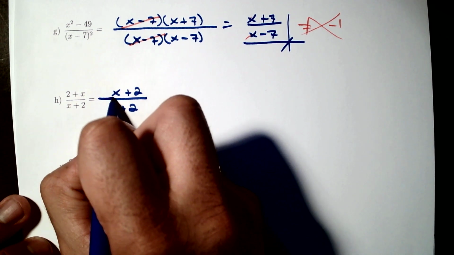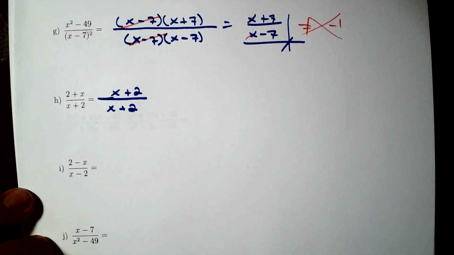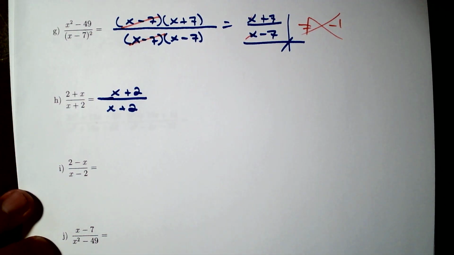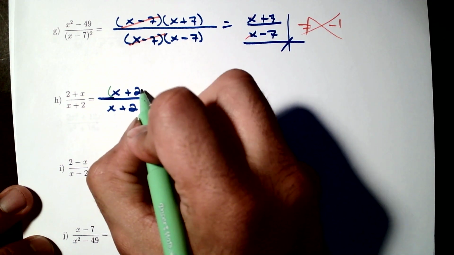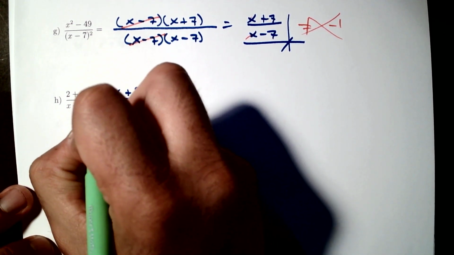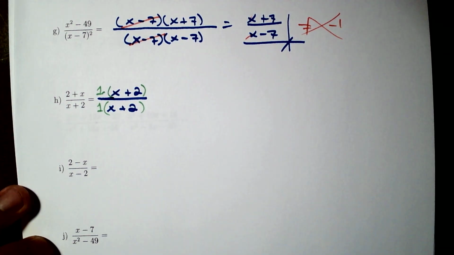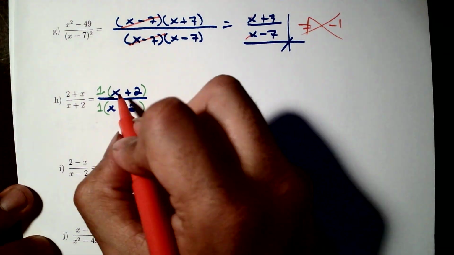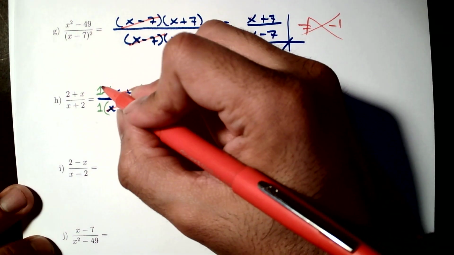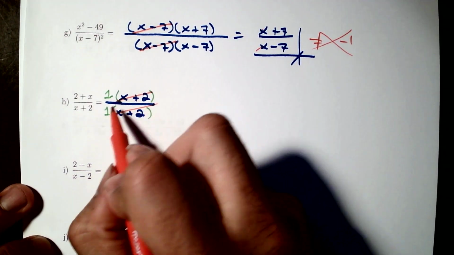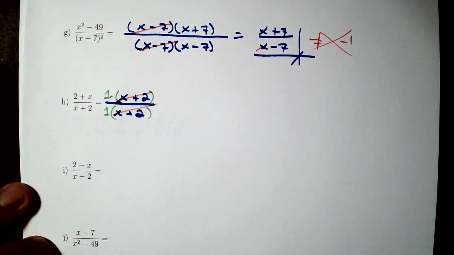Now, the reason why we can cancel this is not by canceling x with x and 2 with 2. The reason is because of this. And I'm going to put these invisible 1s. This is being multiplied by 1, and this is also being multiplied by 1. Alright, so we divide this out. Of course, you don't have to put these two, but I'm just explaining the reason why we can cancel these two.